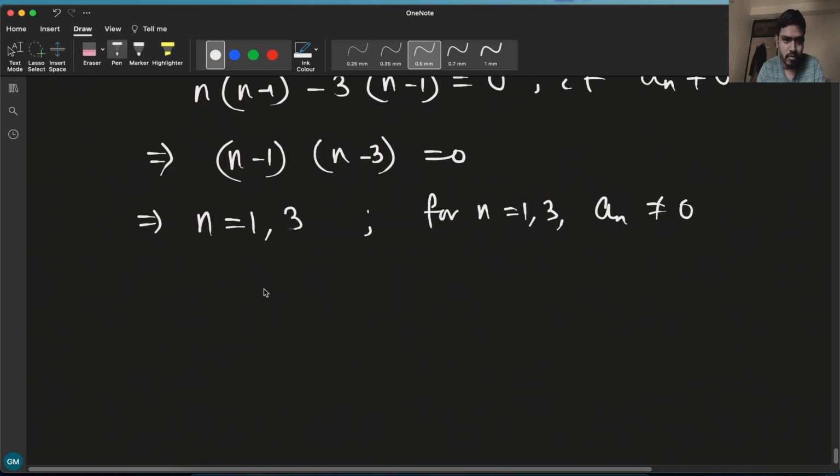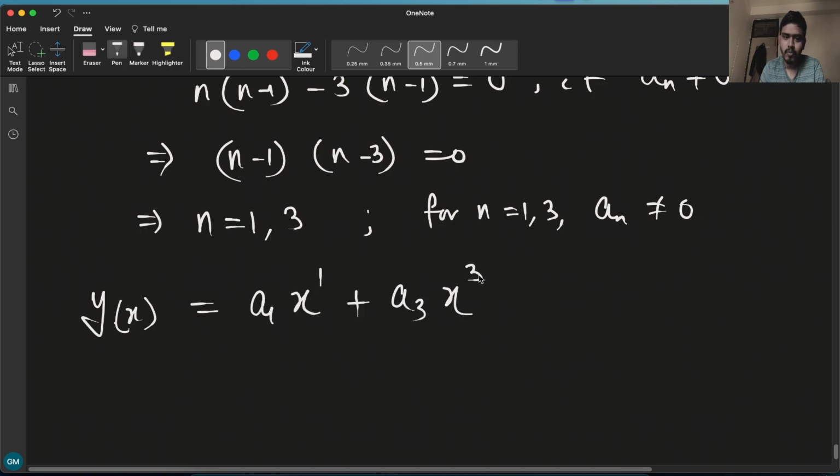So what we have is basically the solution y of x will be a1 x to the power 1 plus a3 x to the power 3. So only these two terms will survive. So it will be a1 x plus a3 x cubed.